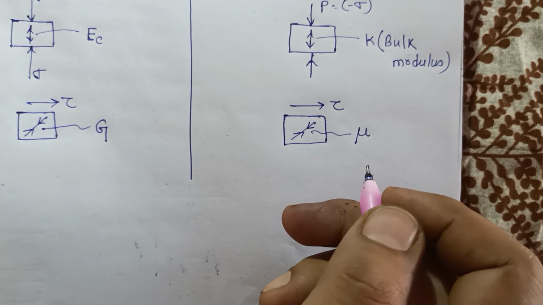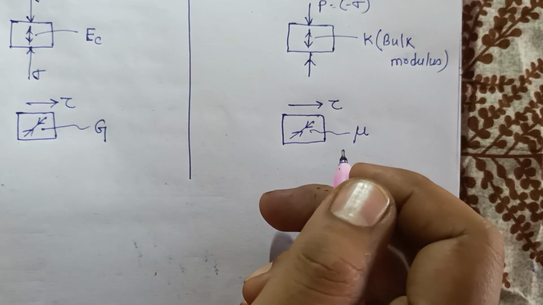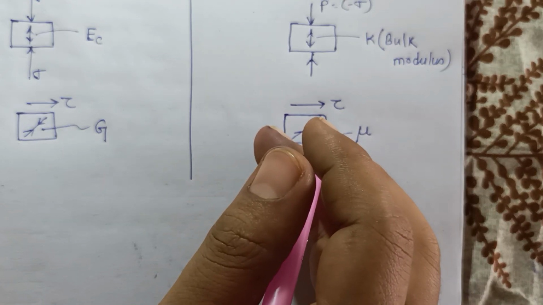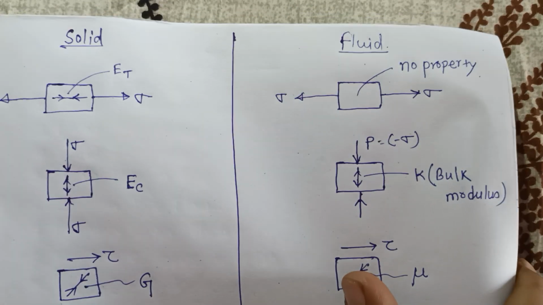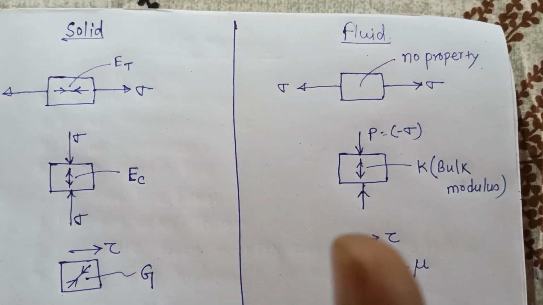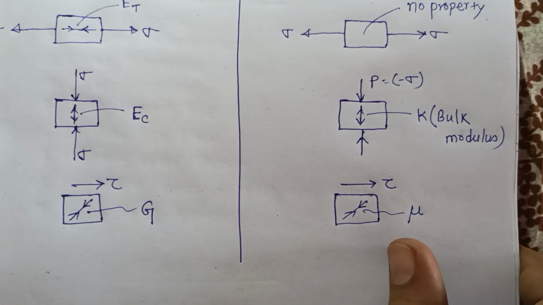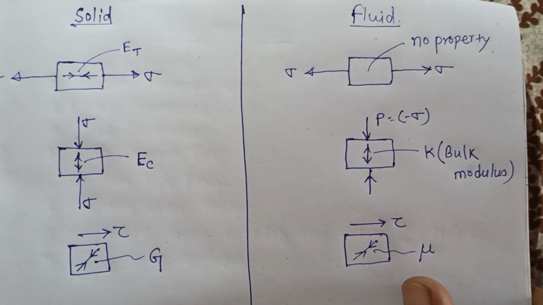In fluid mechanics, we discuss the science which deals with fluid matter, that is liquid or gas, in a static state or in motion. In this chapter we'll see the difference between solid and fluid.